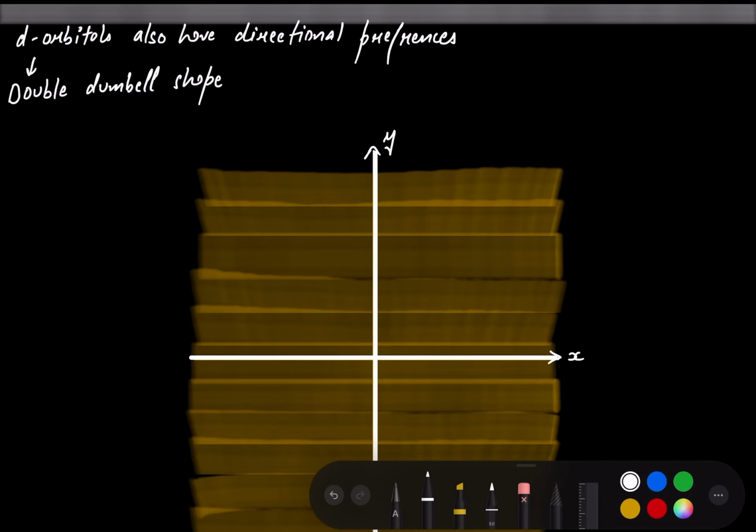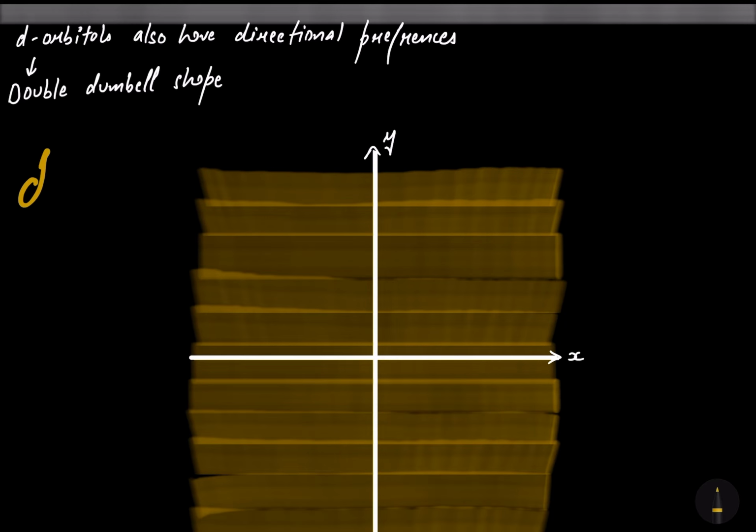Now let's firstly talk about dxy. I'm drawing dxy for you. Now both the dumbbells will be present along xy plane.